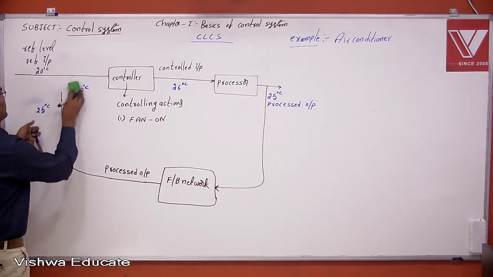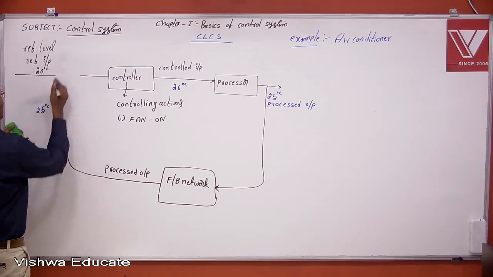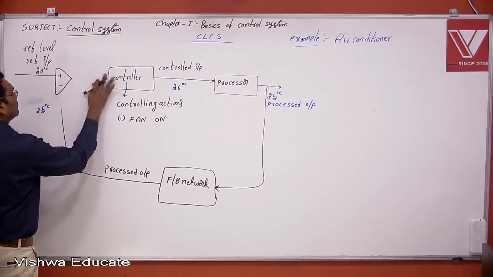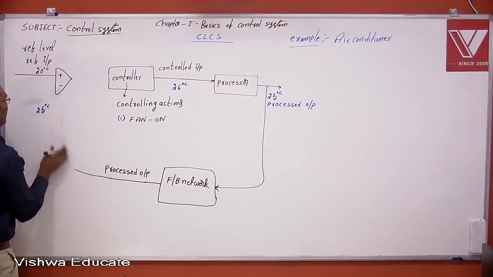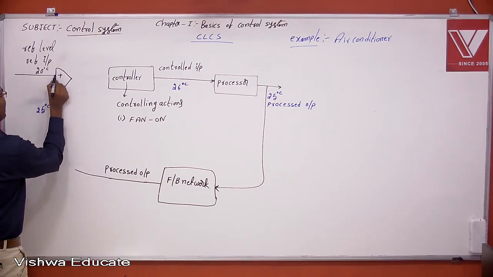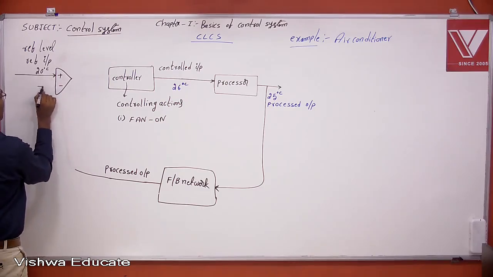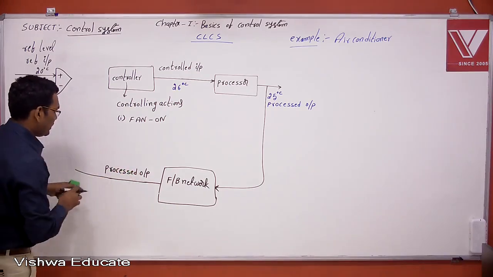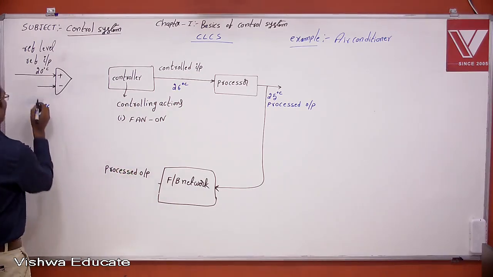See here, this is nothing but the comparator. One input to the comparator is the reference level, the reference input, and the other input to the comparator is the processed output.